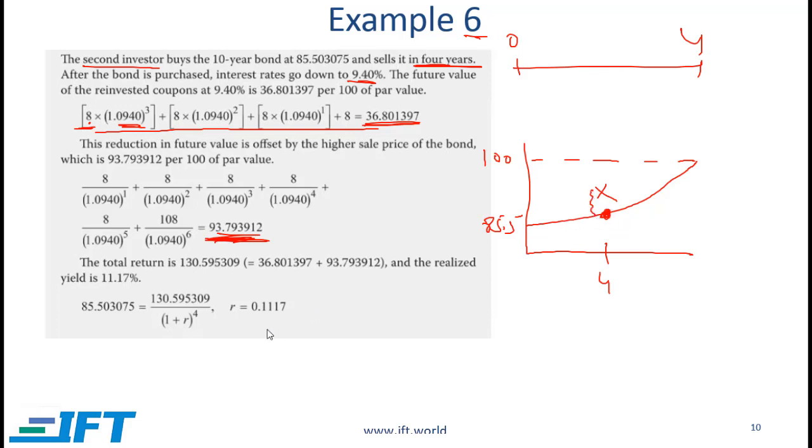The overall return for this investor is 11.17%, which is greater than 10.4%. The reason this investor has done well is that the capital gain more than offsets the fact that the reinvestment income is relatively low.